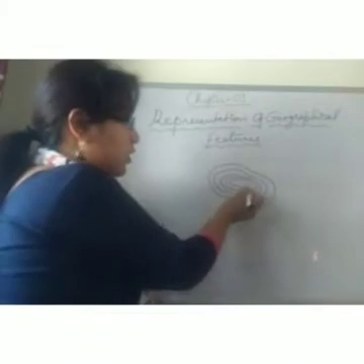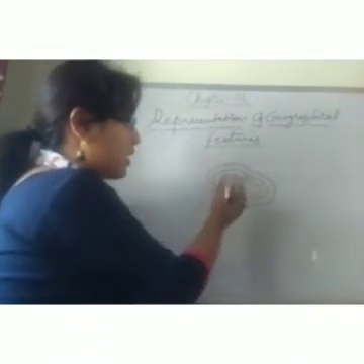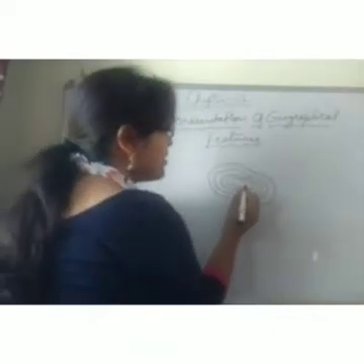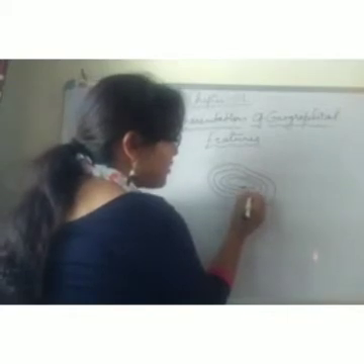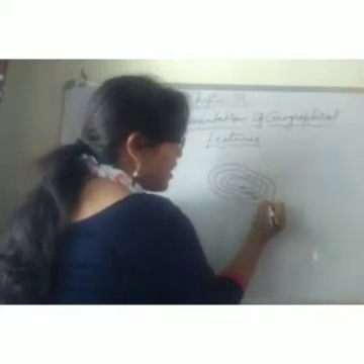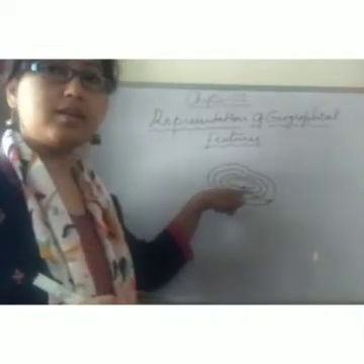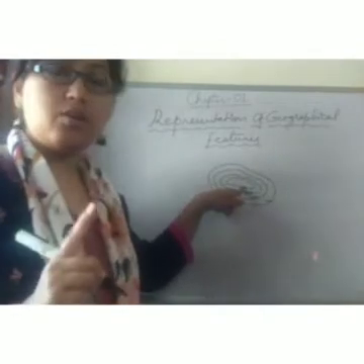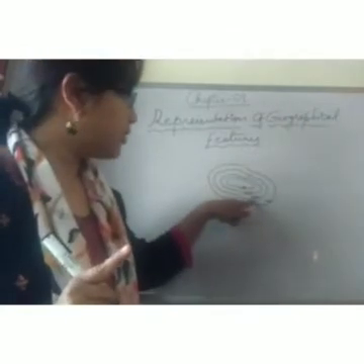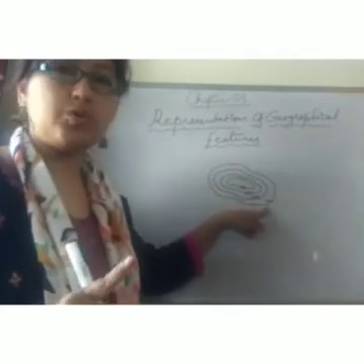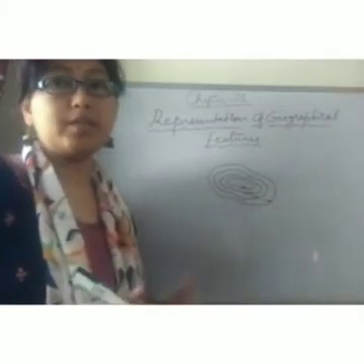You are going to make 4 concentric circles, roughly, and mark them like this: 100 meter, 200, 300, and 400. The innermost contour line has a height of 100 meter, the second 200 meter, the third 300, and the fourth 400. So it is understood that 400, 300, 200, 100 are in meters.